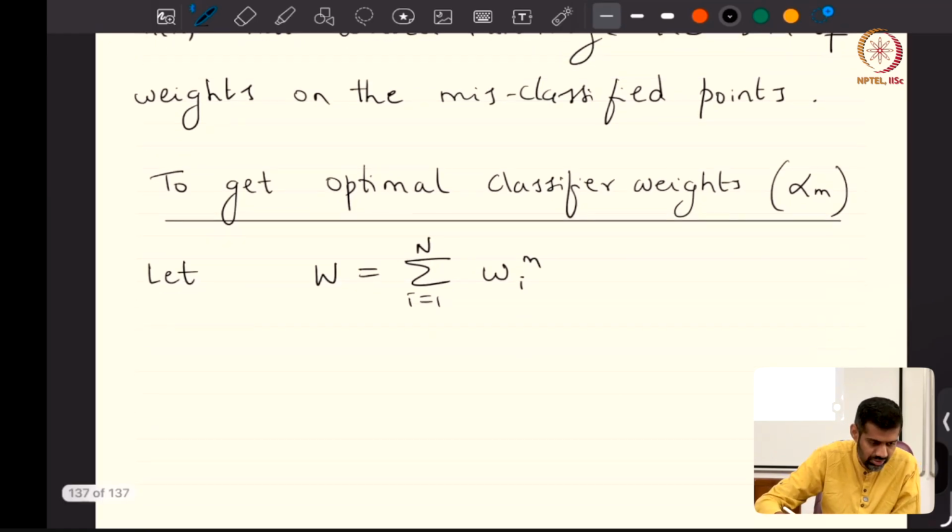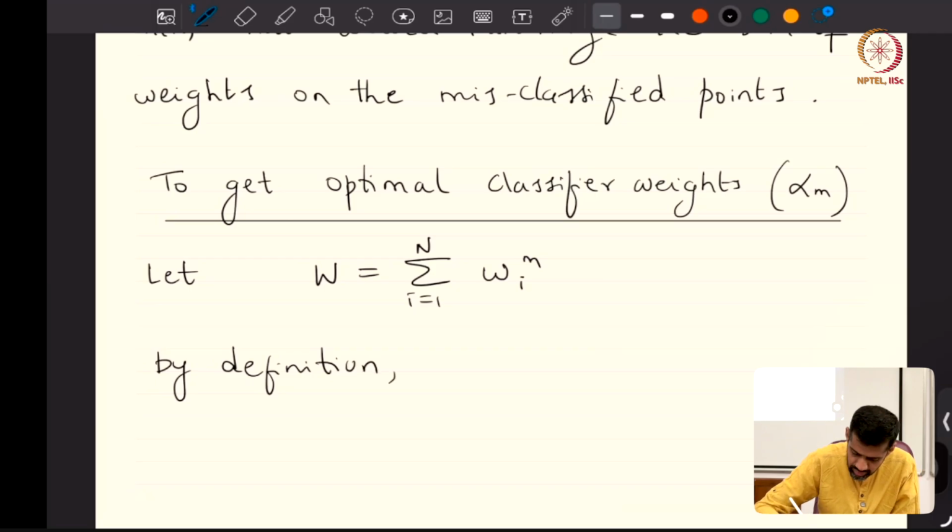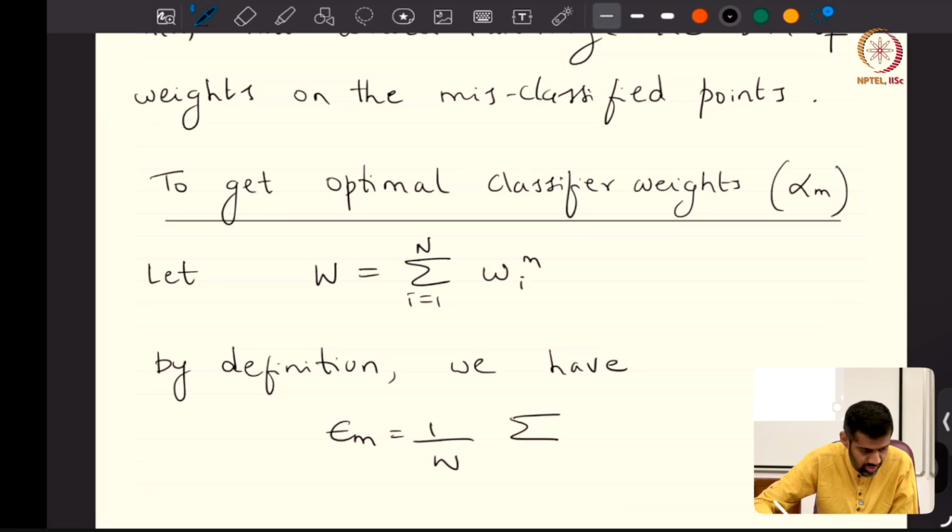So, now by definition, we have epsilon m equal to 1 by W, sum over wherever y is not equal to h of x.